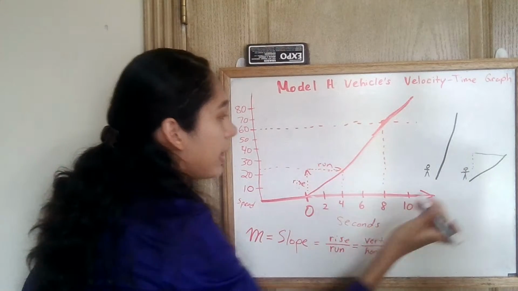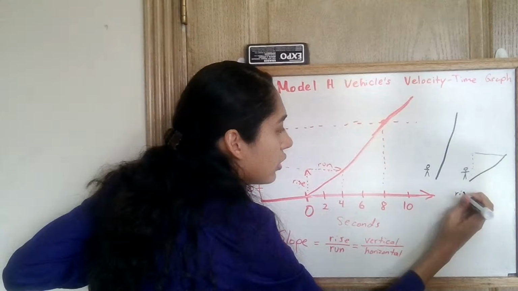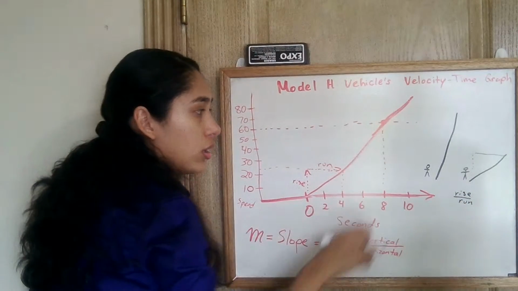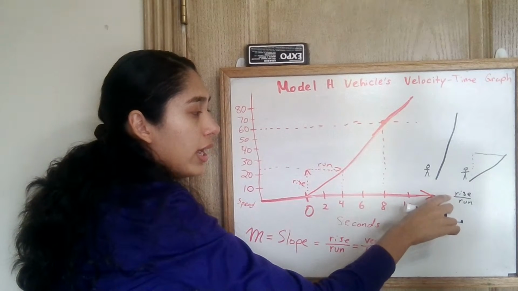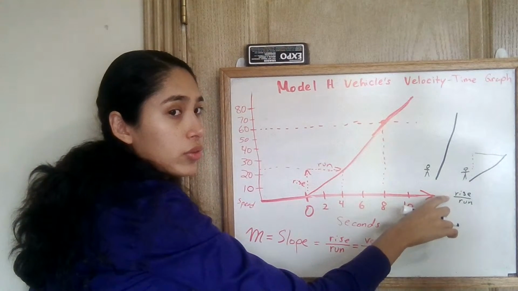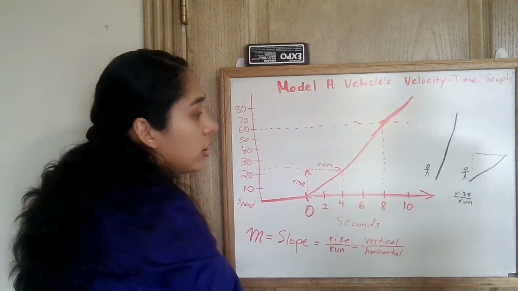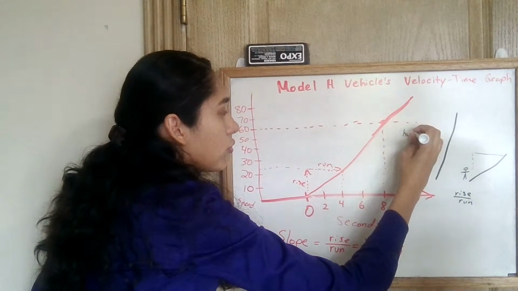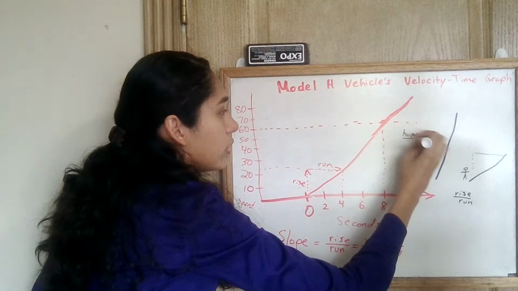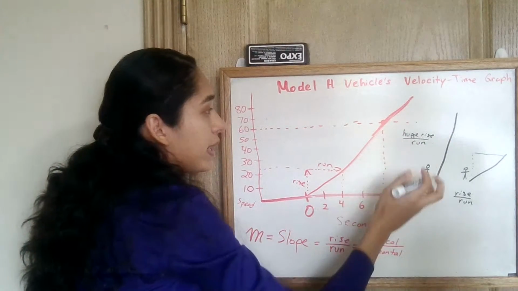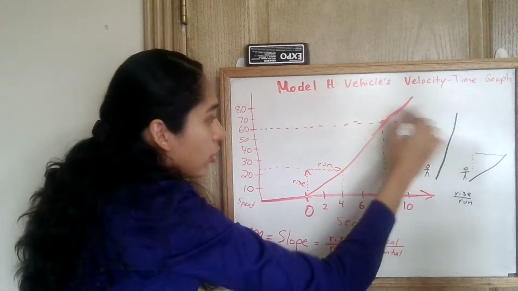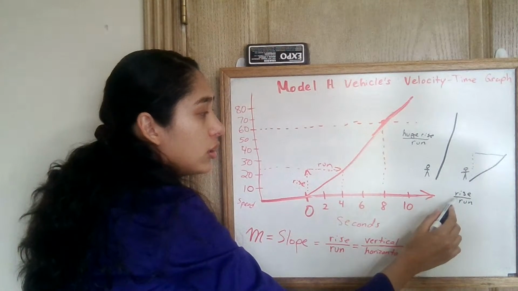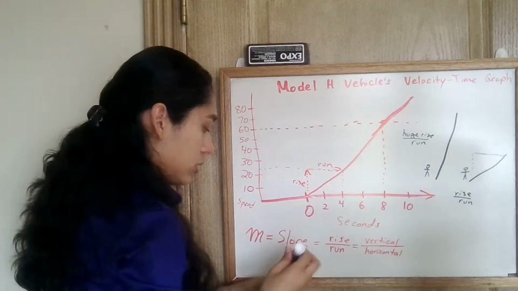So think of this mathematically, the rise over run. Since it's a smaller slope, I know the rise over the run is going to be a lot smaller compared to this one. This one's going to have a huge rise over a run. Because if our numerator is bigger, our overall value becomes bigger. If our numerator is smaller, our overall value is smaller.